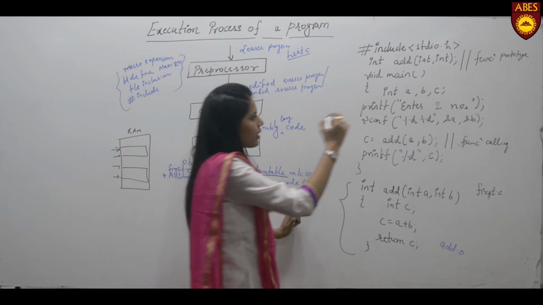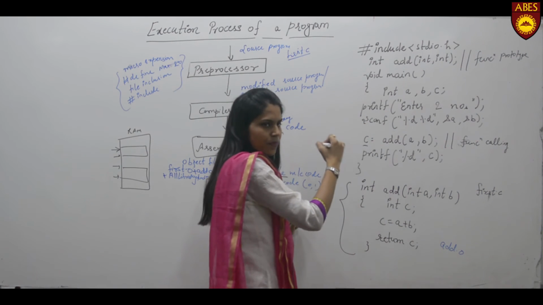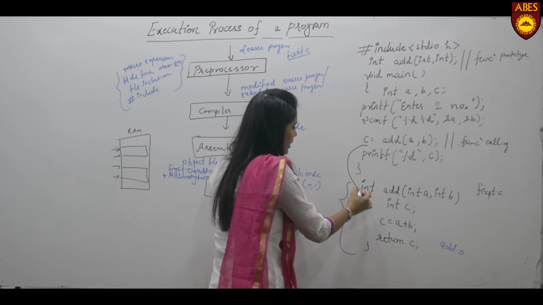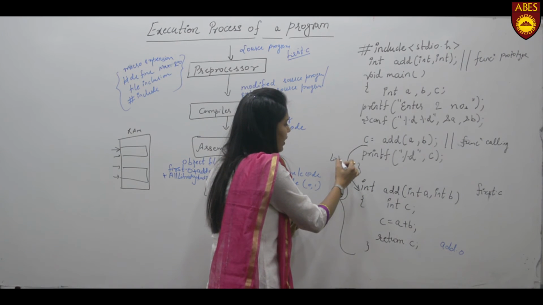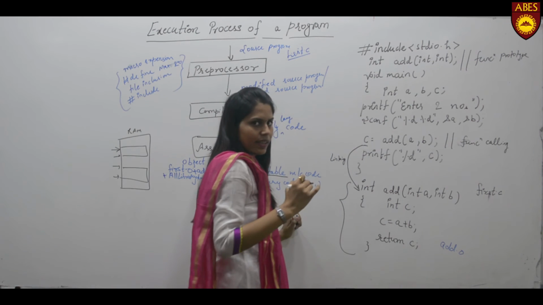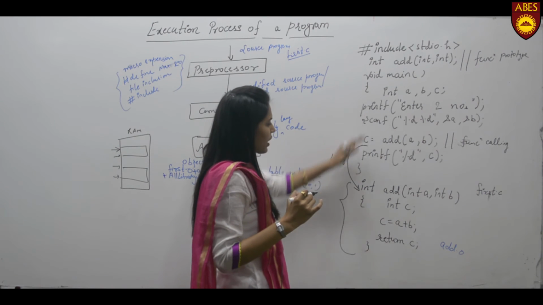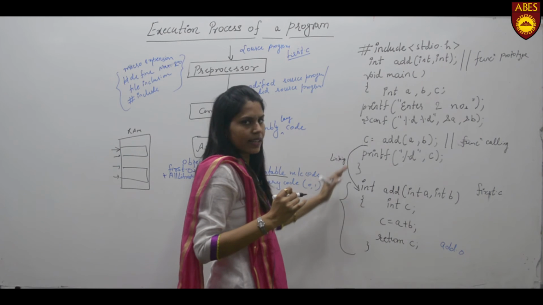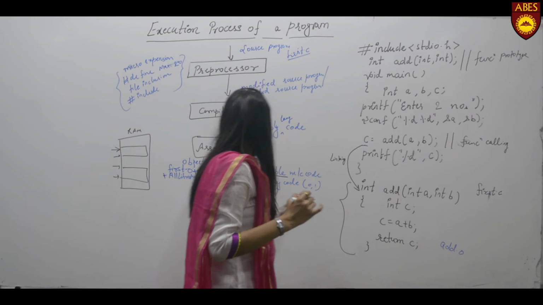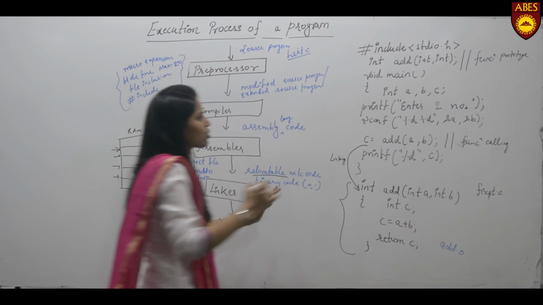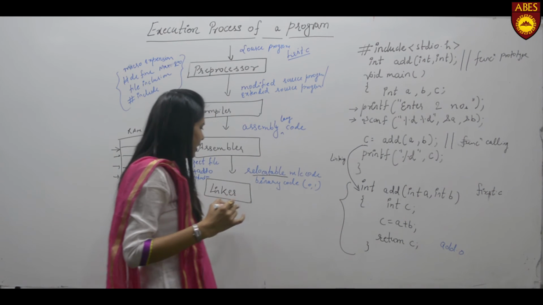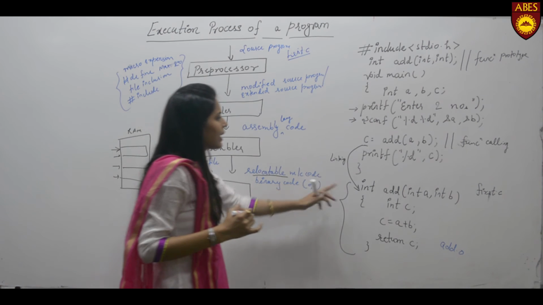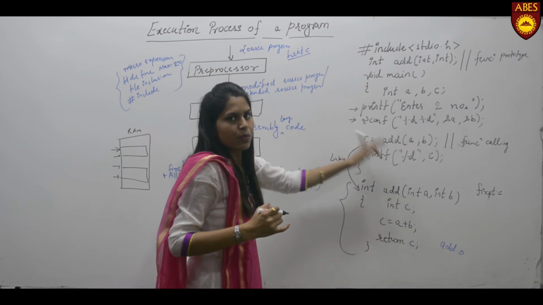You can see here we are using a function. It is calling this add function, so we are doing linking here. This is called linking. It means these two functions are linked with the help of the linker. Also we are calling printf, we are calling scanf. So the linker does all the linking in the program.